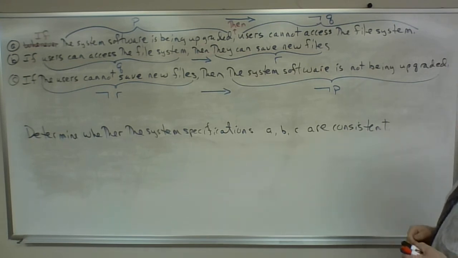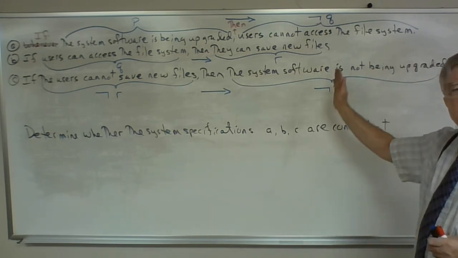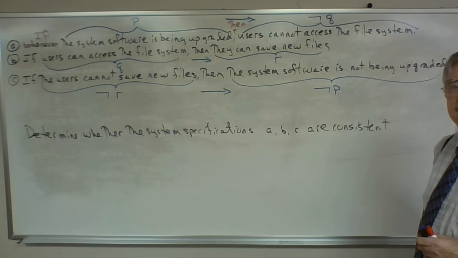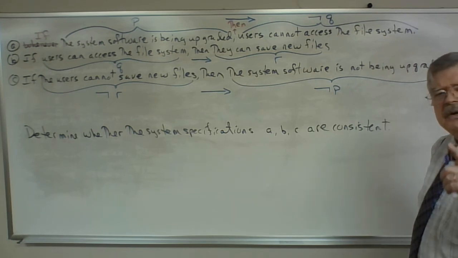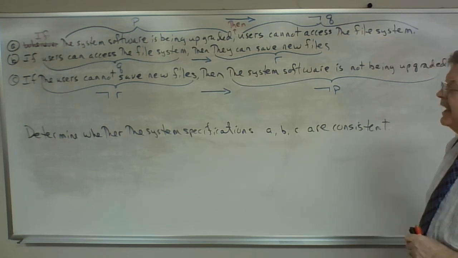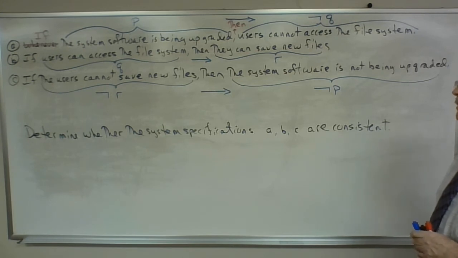A, B, and C will be consistent if the conjunction of those three things is true at least for some combination of P, Q, and R.